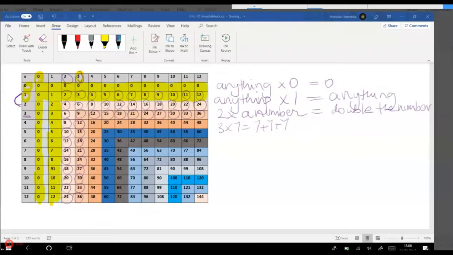And looking at the 4's, for a minute, let's jump from the 2's to the 4's and see if there is any connection between the two.